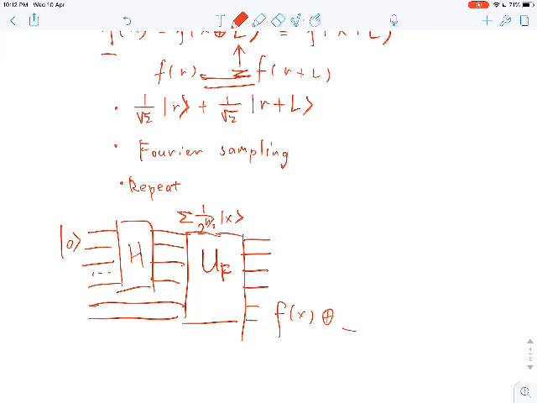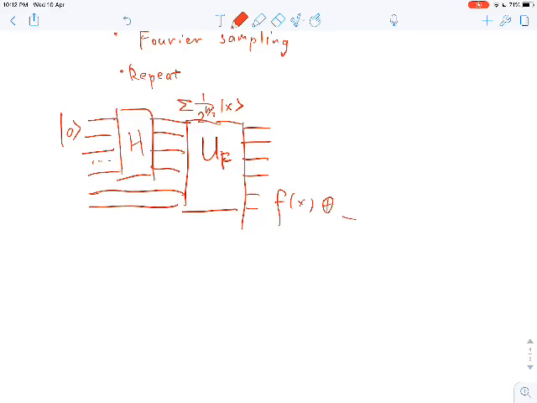And as I said, it's actually the storage qubit here is also minus. You just put minus here.